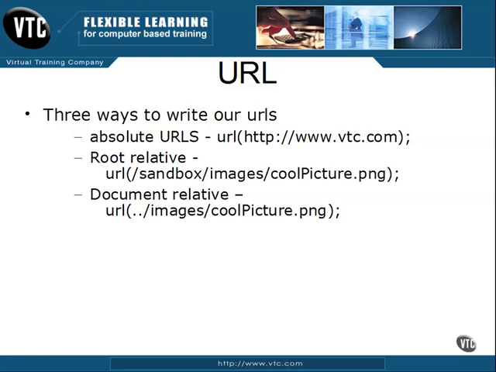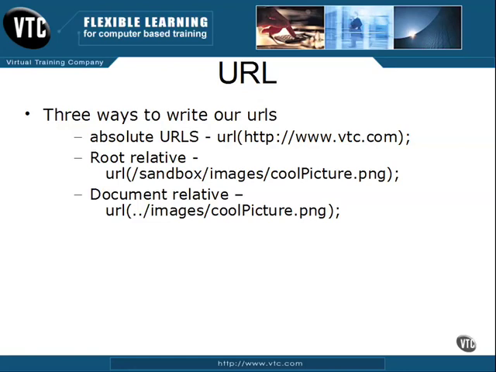So what we're seeing here is that we are able to point to images that are relative to the document containing this property value. Now, this is a very important thing to consider and to understand, because we're talking about where the resource is in relation to this external CSS document and not the HTML document.